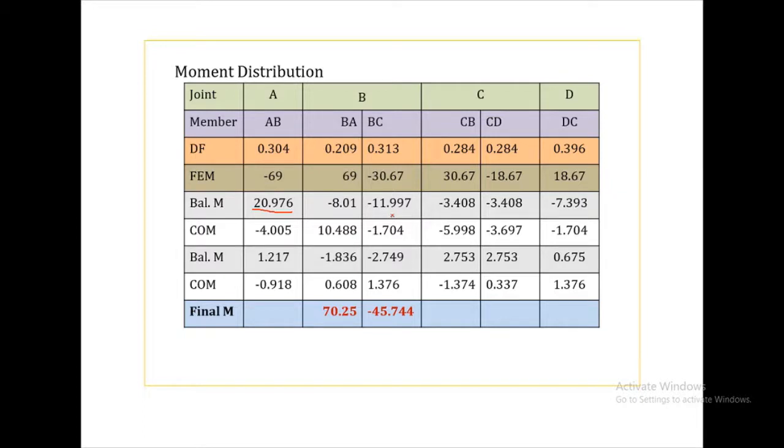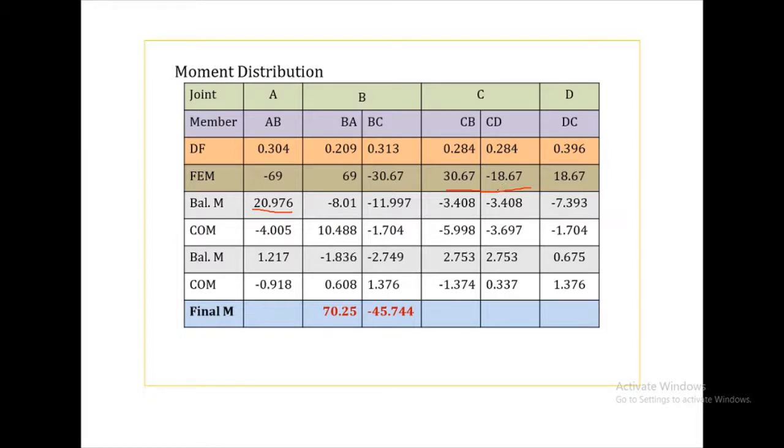Then similarly for C, we have 30.67 and minus 18.67 at the joint C. On addition, we get 12 kilonewton meter, which is positive. If it is positive, we'll take the negative. If it is negative, we'll take the positive value.